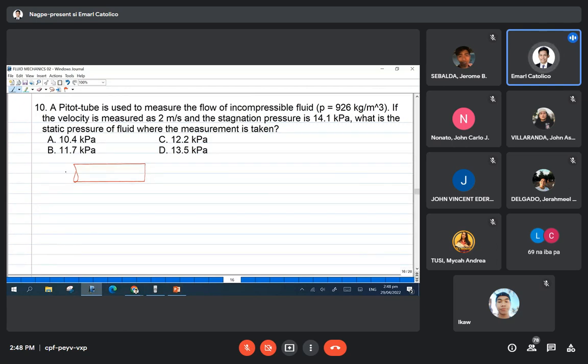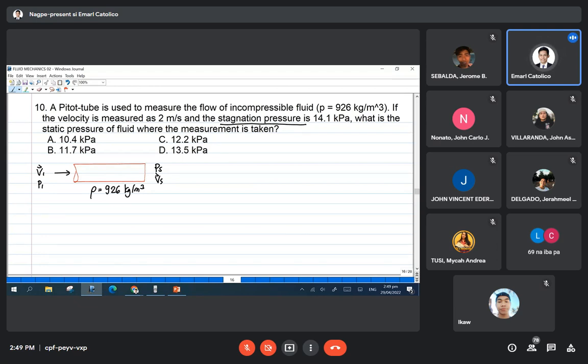So may papasok dito na velocity V1, pressure 1, and also meron tayong density of 926 kilogram per cubic meters. Then meron tayong point at stagnation. So let's say nandito yung PS and ating velocity at stagnation.